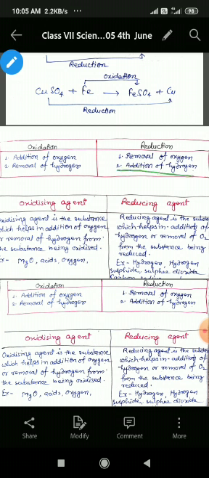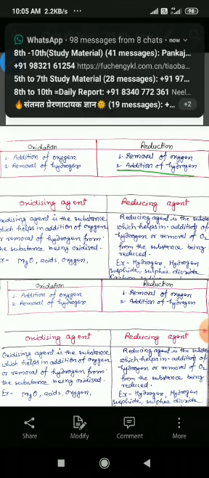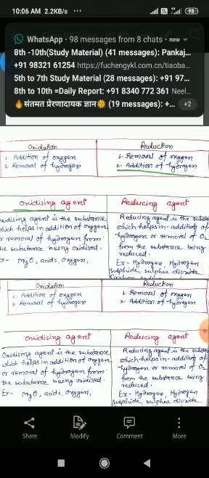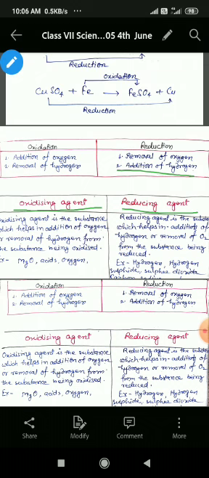You can see here. Next one, students, is oxidizing agent and reducing agent. An oxidizing agent is the substance which helps in addition of oxygen or removal of hydrogen from the substance being oxidized.